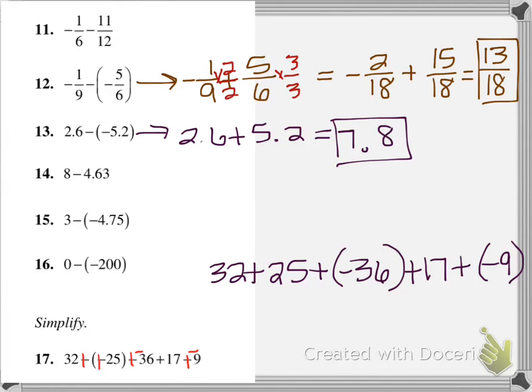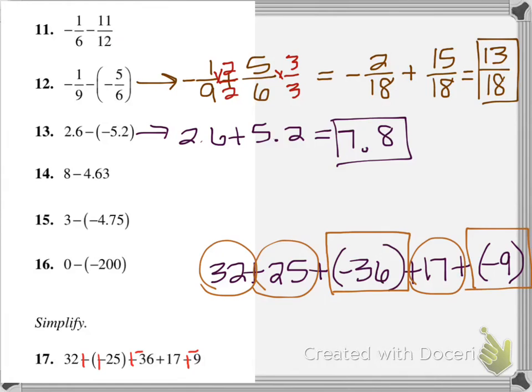Now all I've done is rewrite the problem. I haven't really done any computation yet, but the nice thing about rewriting it is then I can have an easier time of adding my numbers together. I know that I can combine my negative numbers together very easily, and obviously I can combine my positive numbers together very easily. So if I were evaluating this problem, I would simply have to add 32, 25, and 17.